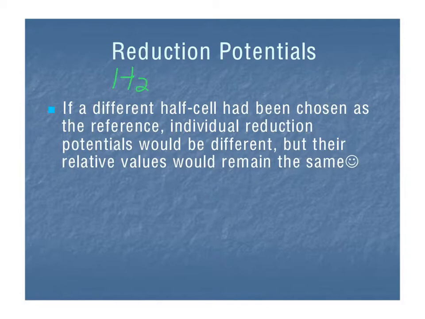However, scientists could have easily picked a different half cell, but then all of the values in the cell potential table would change. So for example, if scientists had used the reduction of silver ions into solid silver, right now our cell potential as read from the chemistry data booklet is positive 0.80 volts.